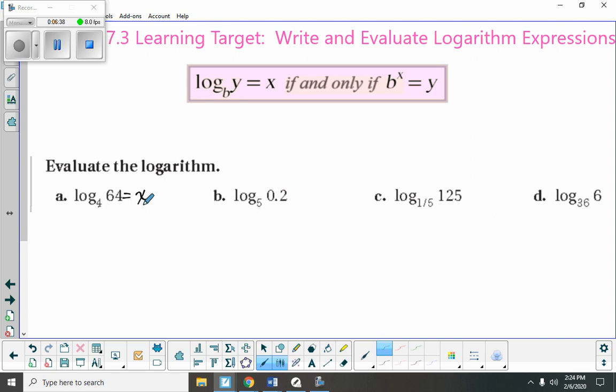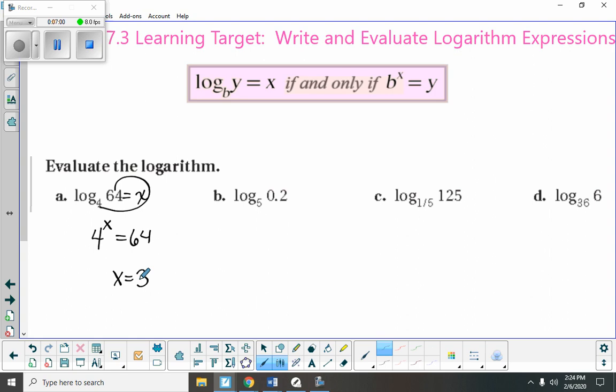So if we're in log form, write it in exponential form. So 4 to the x equals 64. You can look at your root sheets or just figure out 4 to what power gives you 64. Well, 4 to the third is equal to 64. So x must equal 3.